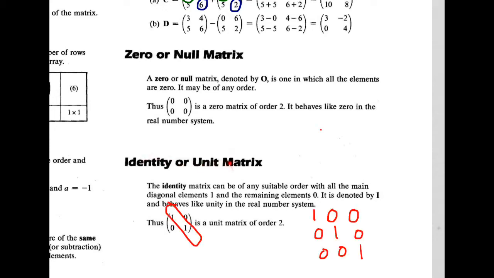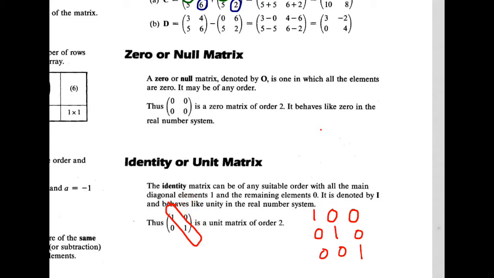An identity or a unit matrix is where you have the diagonal of the matrix starting with the first element equal to 1, and then all the numbers in the diagonal equal to 1, in this case like a 2 by 2 matrix, and then all the other elements are equal to 0. So all the diagonal equal to 1 and all the other elements equal to 0.